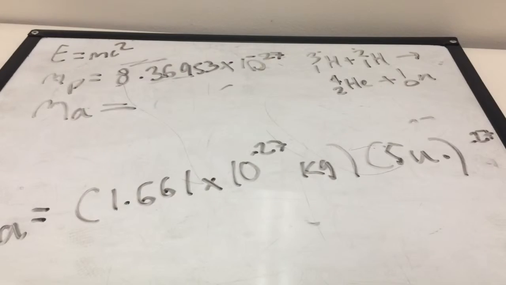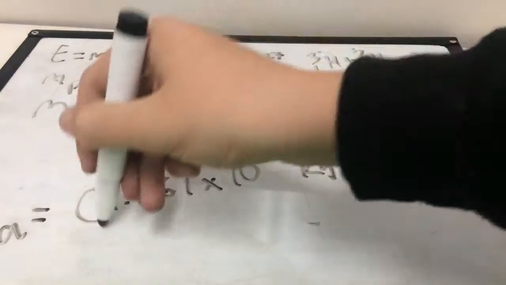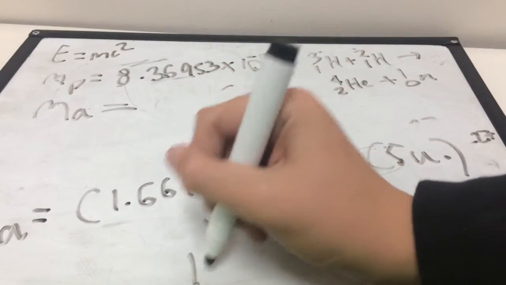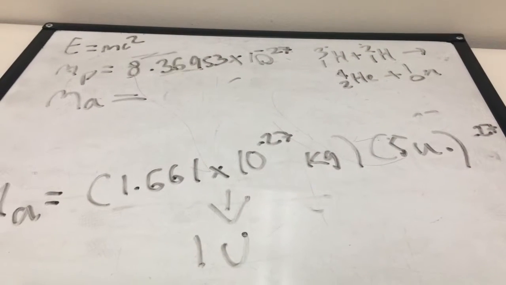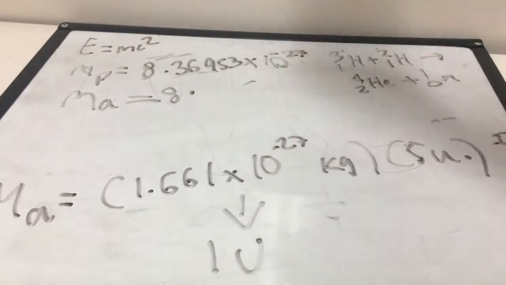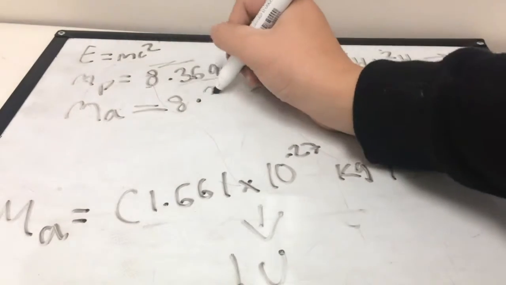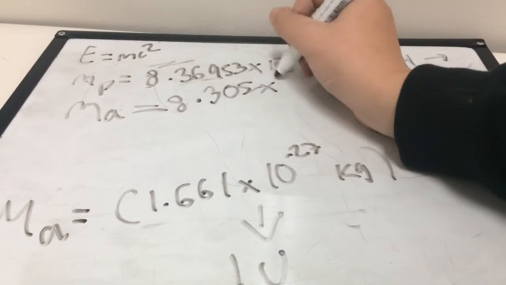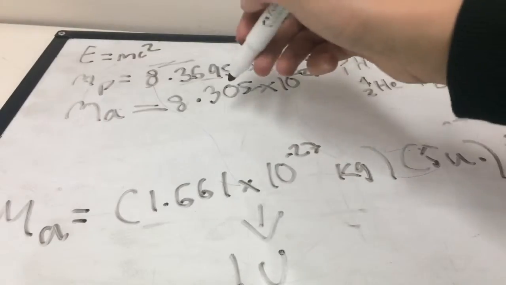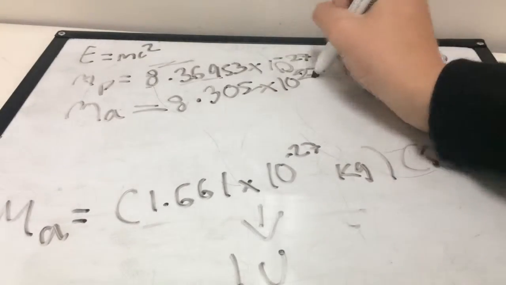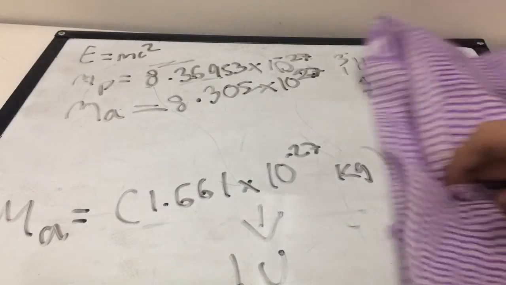That will give you how many kilograms it is. Remember that is 1 AMU, atomic mass unit. Pretty straightforward. Multiply that by 5, like I've just done there, and you will get, not approximately, it's exactly this number, 8.305 times 10 to the negative 27. That's the number you will get.